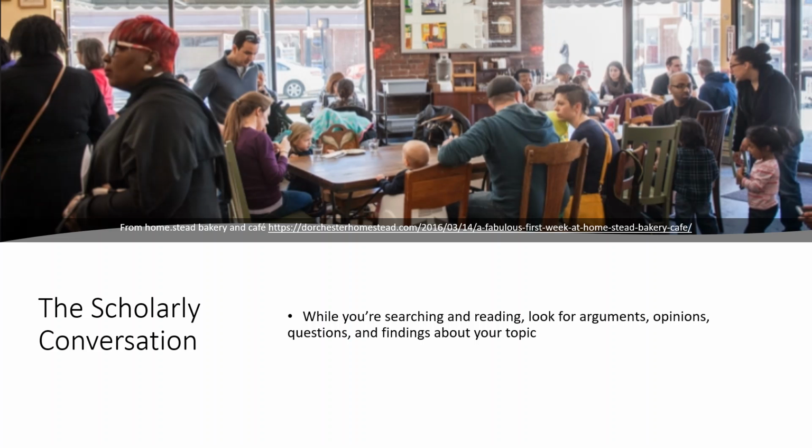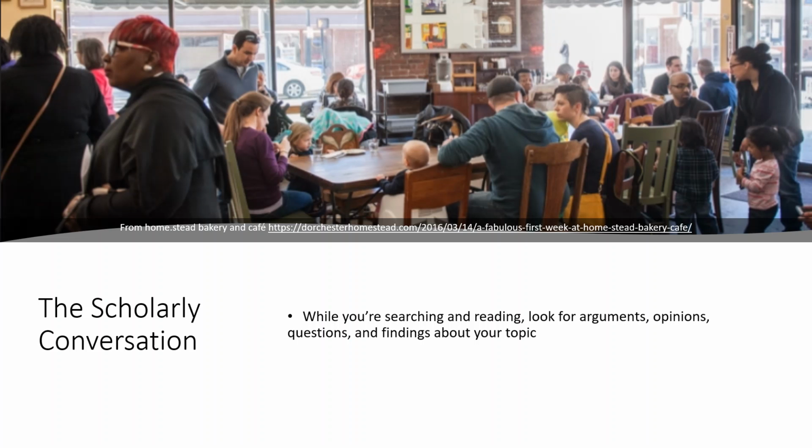And the people who are talking in your scholarly conversation, the party you want to find where people are talking, is not a party of the general public. You want to find the scholars in criminal justice or psychology or other fields who are talking about your topic.